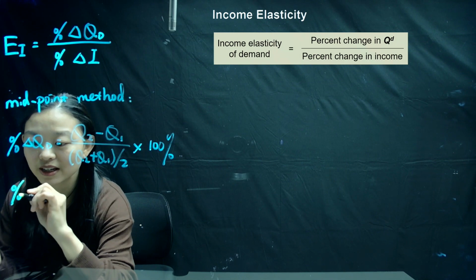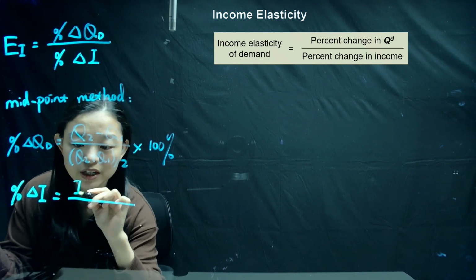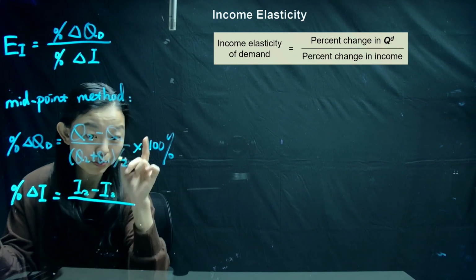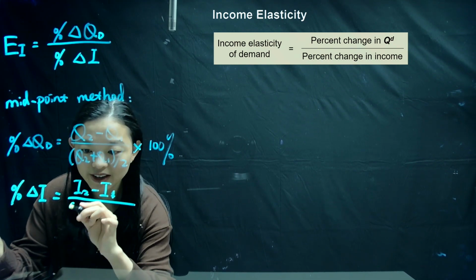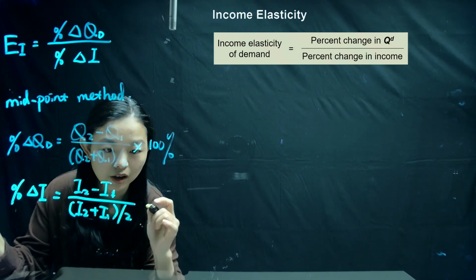And for the percentage change in income, similarly, we use the income difference between two points, divided by the average of income.